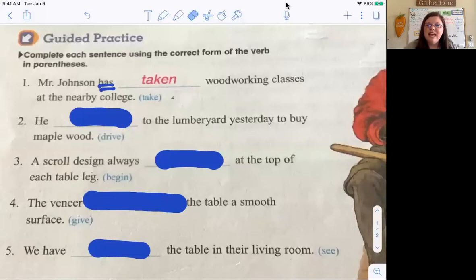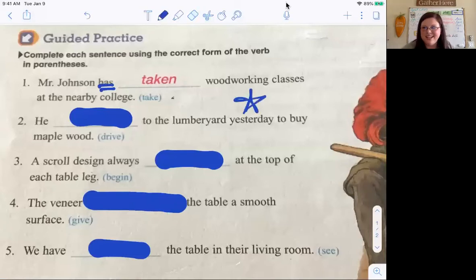Number 2, he blanked to the lumber yard yesterday to buy maple wood. Do you see an H brother? I don't, so it's not going to be driven. As I'm looking at this sentence again, I noticed a clue word. Let's try this one.